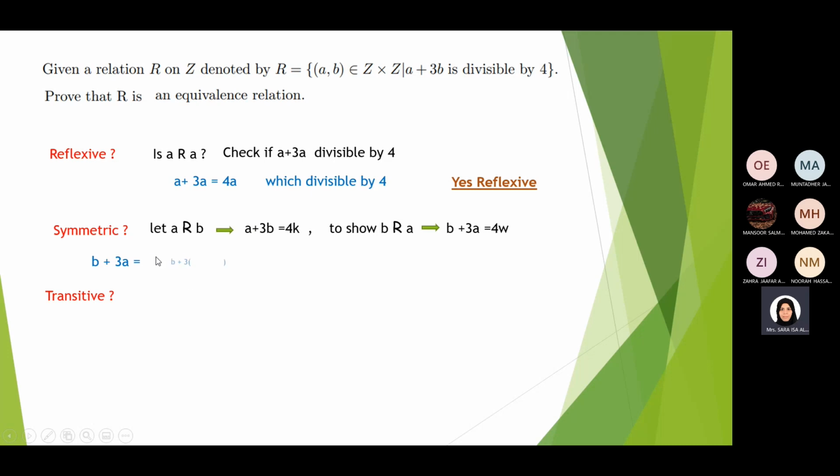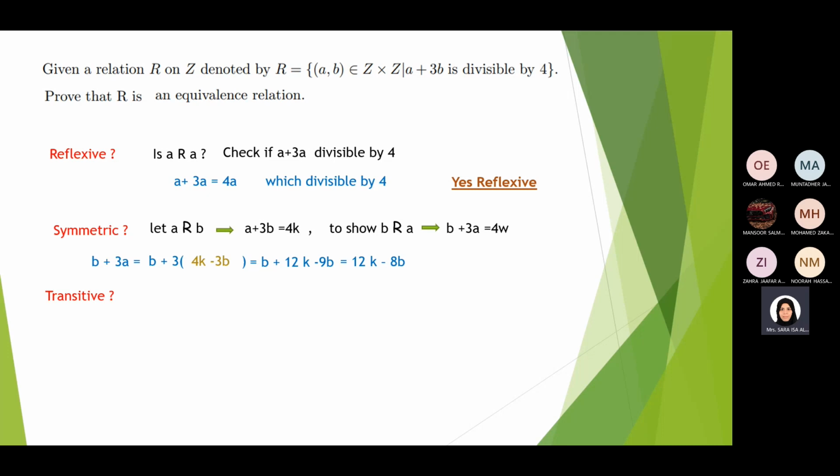So it will be B plus 3 times A, and A equals 4k minus 3B. I substitute the value of A from my assumption, then distribute the 3. It will be equal to B plus 12k minus 9B. B minus 9B is minus 8B. So it will be 12k minus 8B.